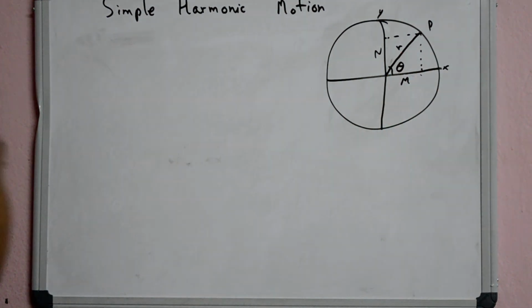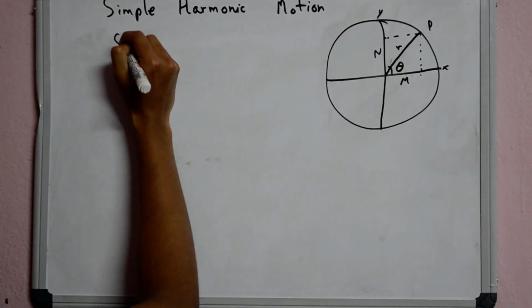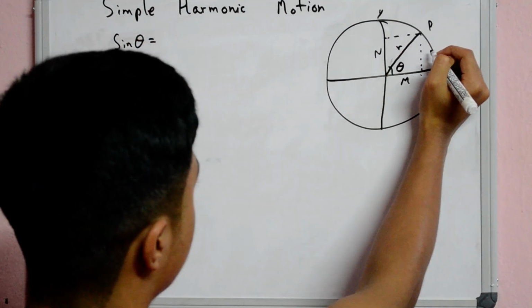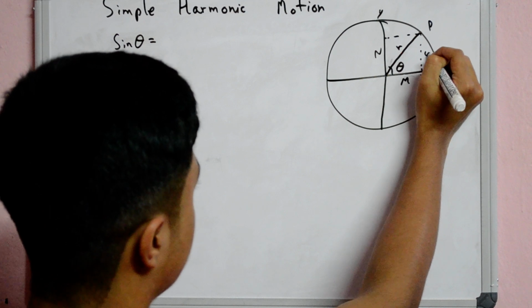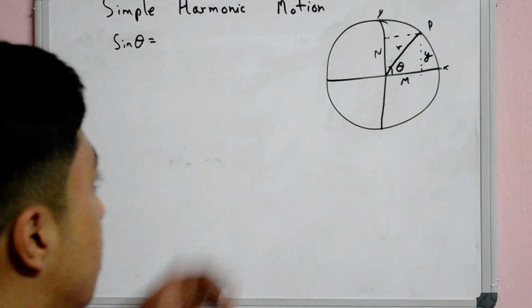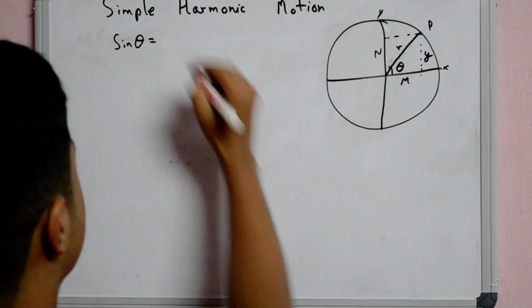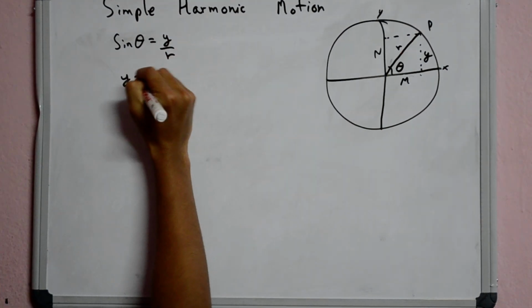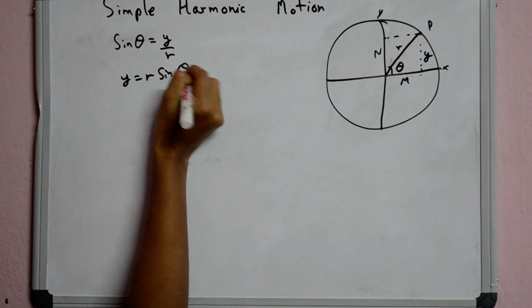So here we can say that sine theta is equal to, this let's say is the displacement, so y by r. So y is equal to r sine theta.